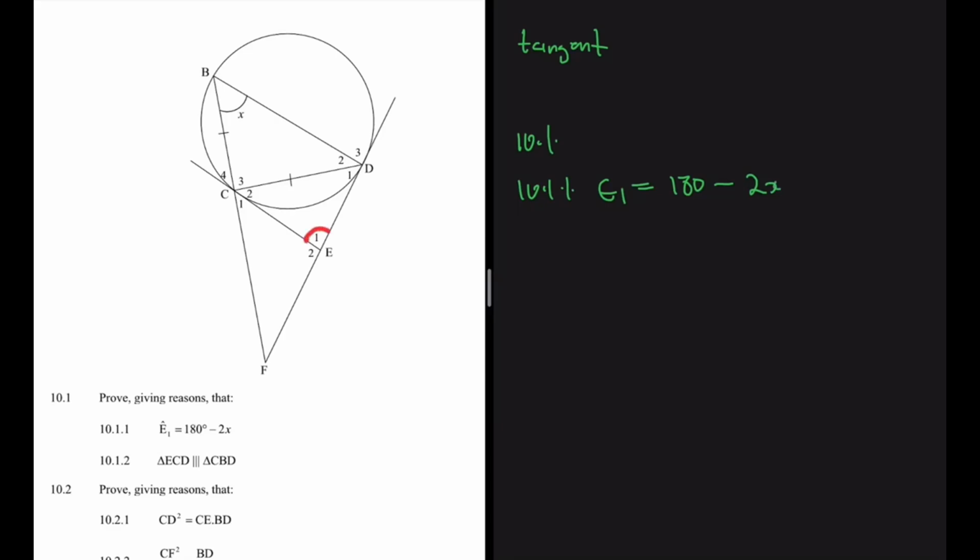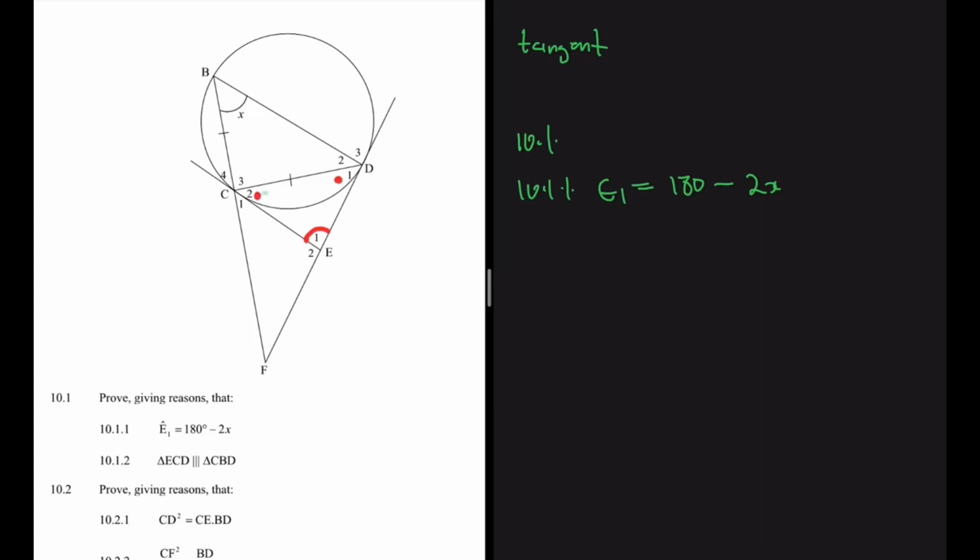Here's E1, and E1 is in triangle ECD. In triangle ECD, we have angle C2 and angle D1. There's nothing else we can do. We have to look at the tangent and consequently the tan-chord theorem, because that's the only keyword we have.